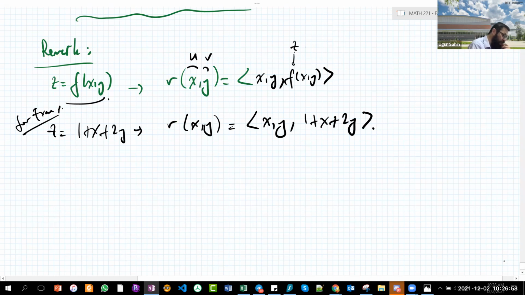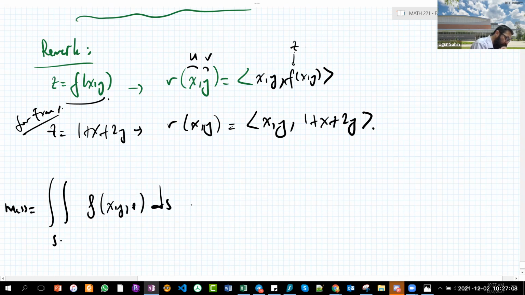Okay, if it is a parameterization, how am I going to find the mass? Mass can be calculated using the density function of x, y, z, and then dS.